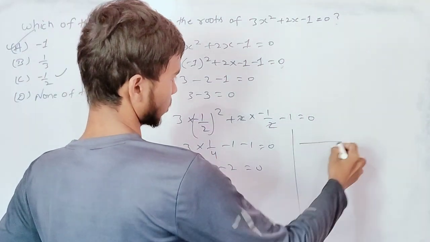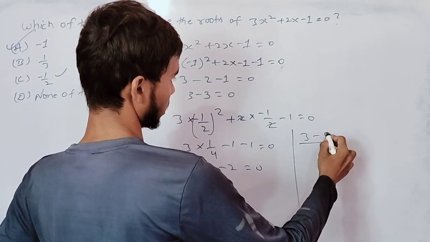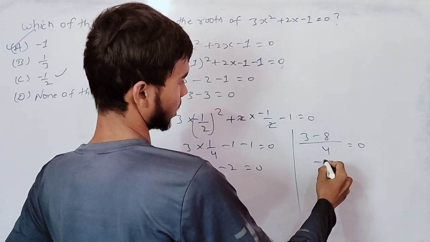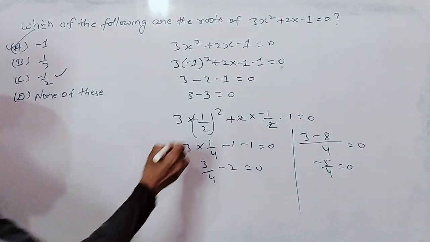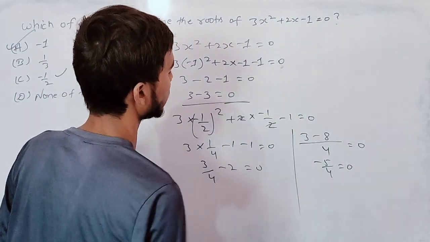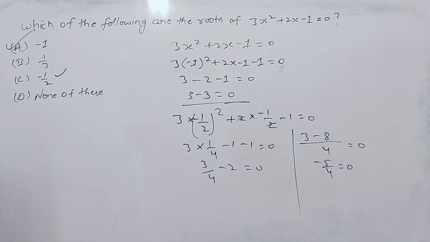Here 4, 3 minus 8 is minus 5 upon 4. So both are not equal. That's why here we are getting both sides equal, and this is the answer for this question. That's how you will find the root of any equation.